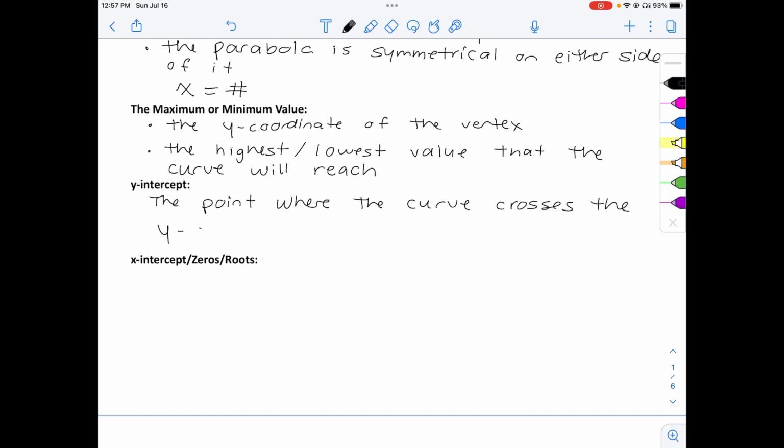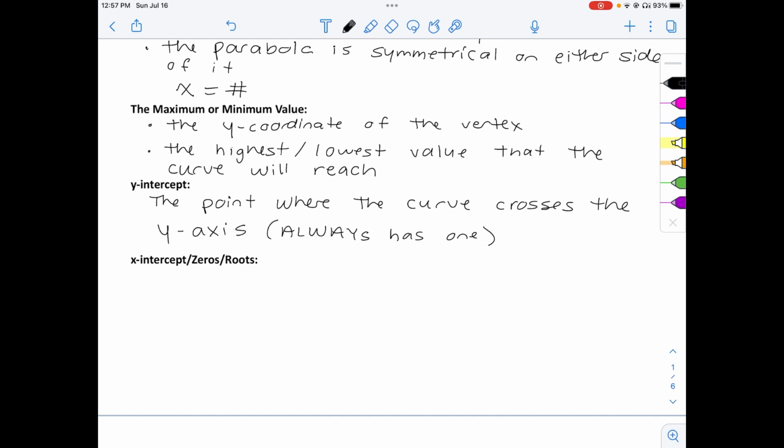With parabolas, there is also always one y-intercept. So it always has one.